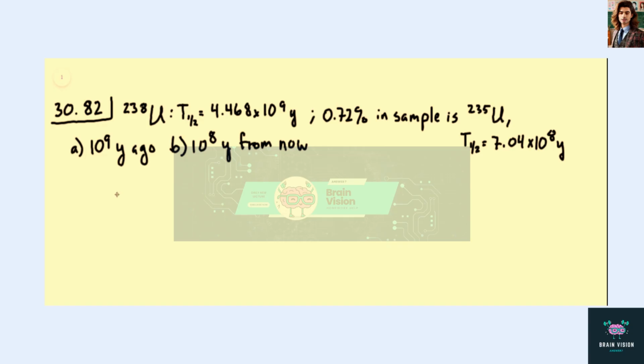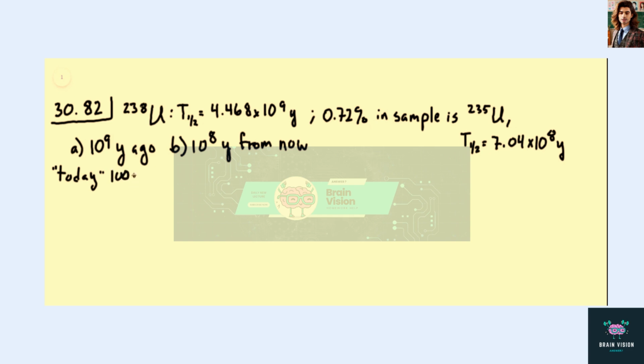So just to make this easier, let's assume that today, because we're not told what the size of the sample is, we could do it just in terms of percentages, but since the total amount changes over time, it's a little bit tedious.